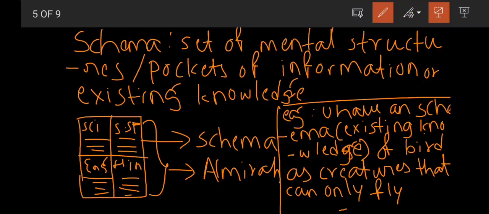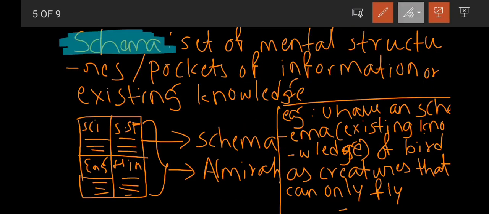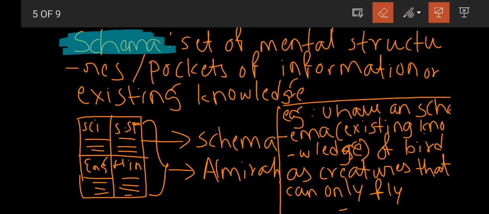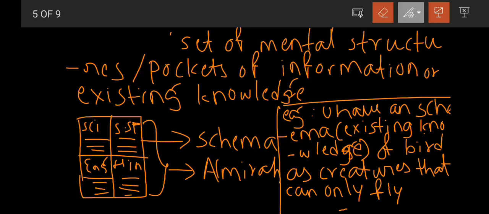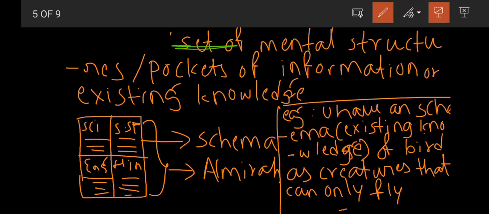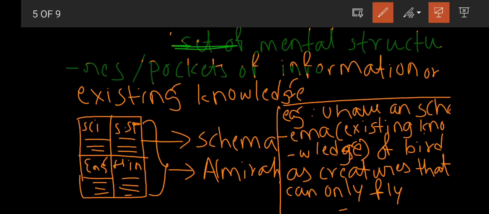What is schema? Schema is a set of mental structures, or packets of information, or existing knowledge.